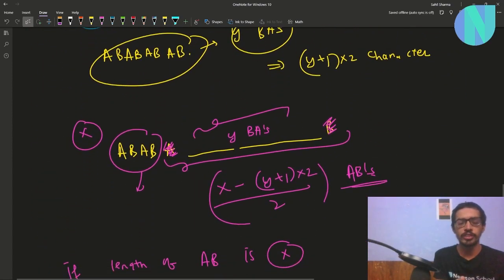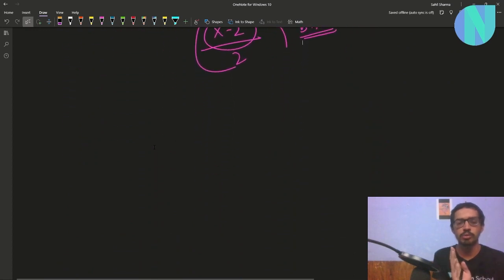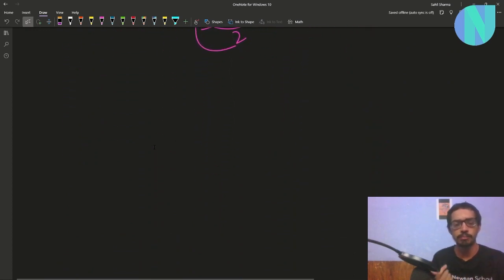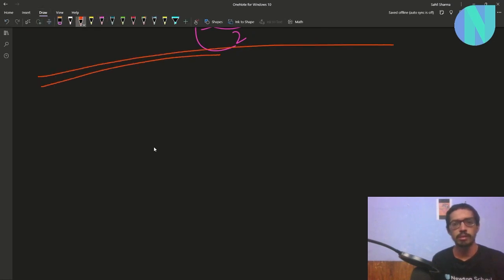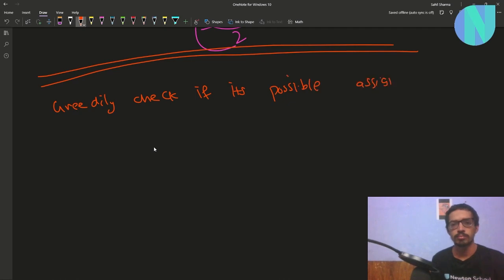And now you want to check greedily if it's possible to get C ABs and D BAs. So the steps for that will be: now you want to greedily check if it's possible to assign C ABs, D BAs.